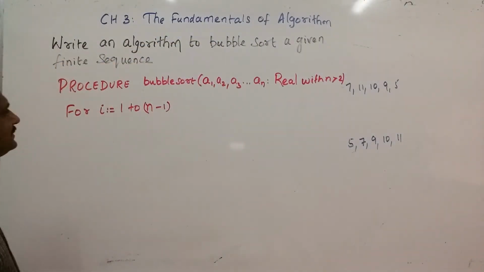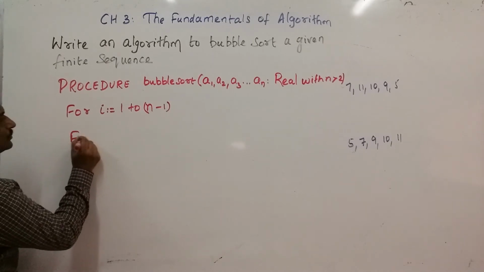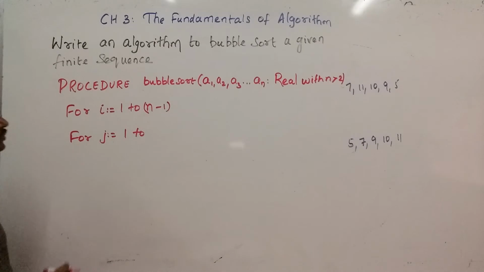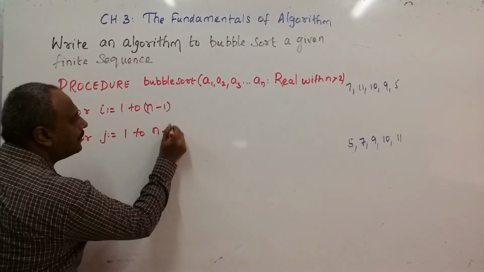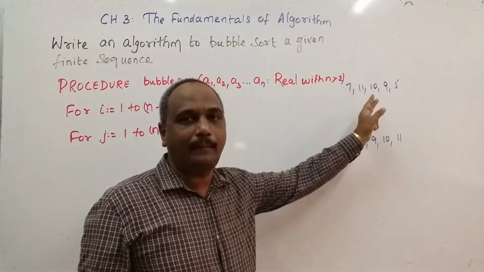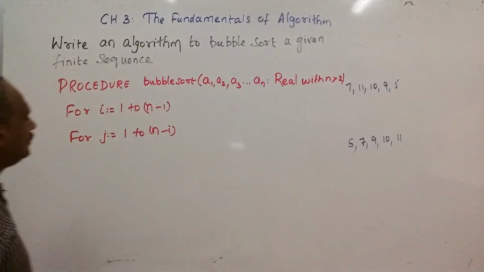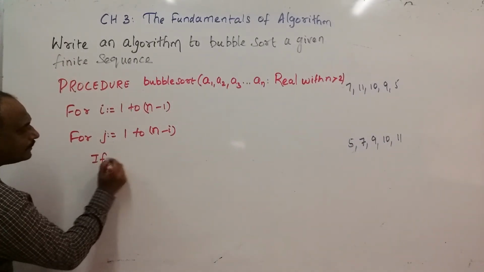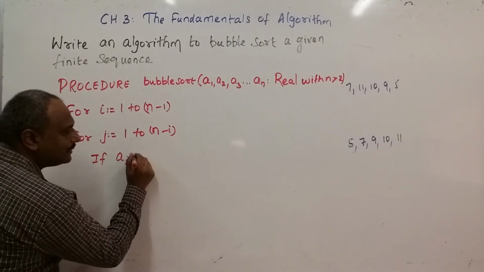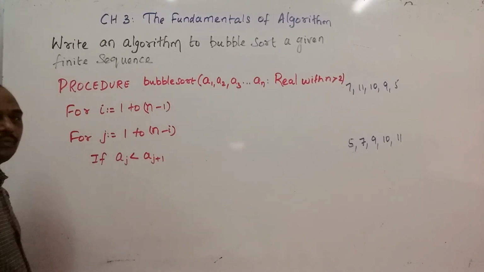Now for the second set of loop, we are going to define another variable, for j equal 1 to n minus i, because each and every time I am going to keep comparing two numbers. If aj is greater than aj plus 1, this is for ascending order.